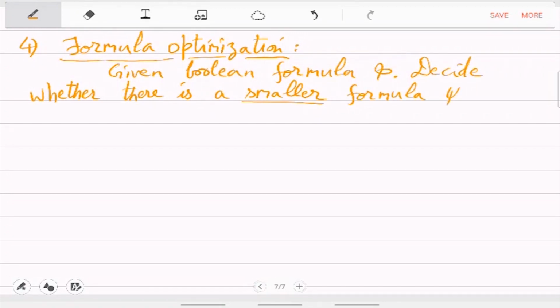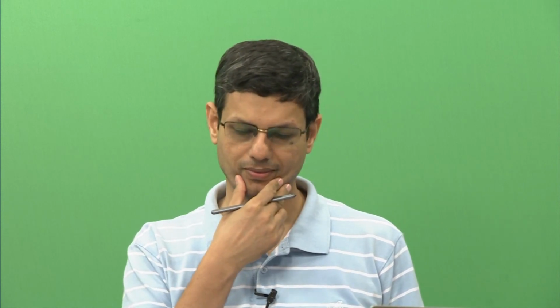Now, what does smaller mean? Smaller in terms of what? Well, smaller in terms of size, right? The variables cannot change obviously, because you want psi and phi to be equal. Actually, even the variables can change, right?